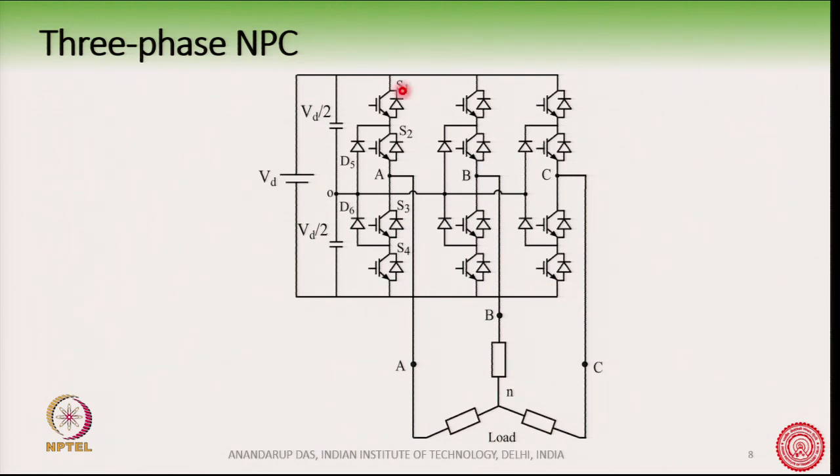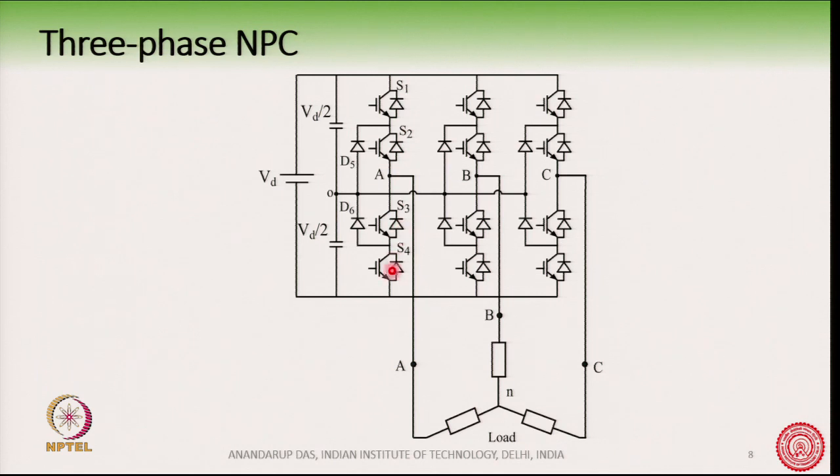Here you see that you have this as the one phase, the midpoint of the capacitor is connected to this point here. It is also connected here for the B phase, and here for the C phase. Okay. So, the midpoint of the DC bus is physically accessible and it is used in a neutral point clamp converter.